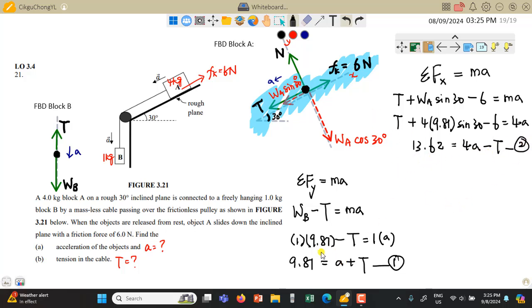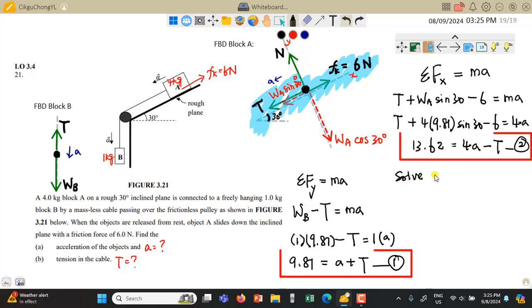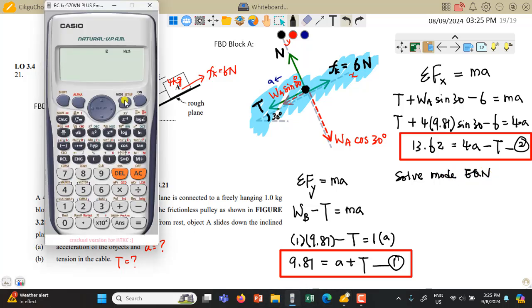So I already have two equations, so I'm going to solve the equations simultaneously using the equation mode in my calculator. So in equation mode, I'm going to treat a as my first unknown x, my second unknown T will be y.